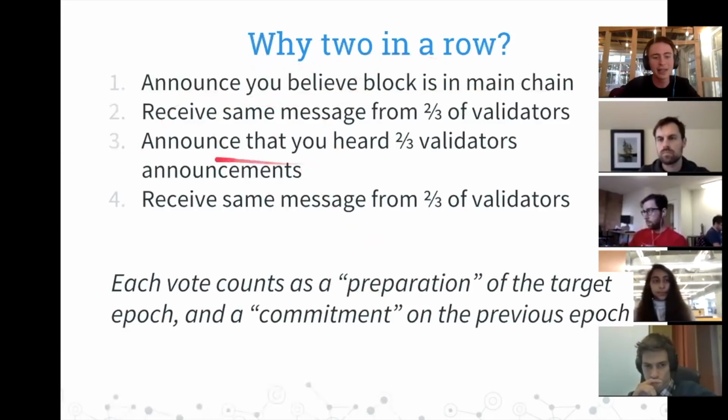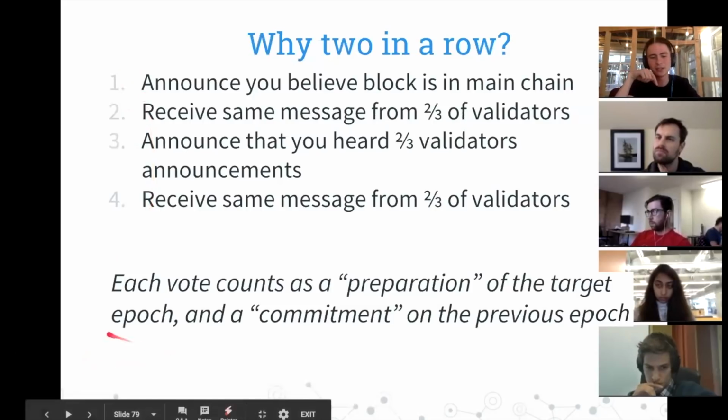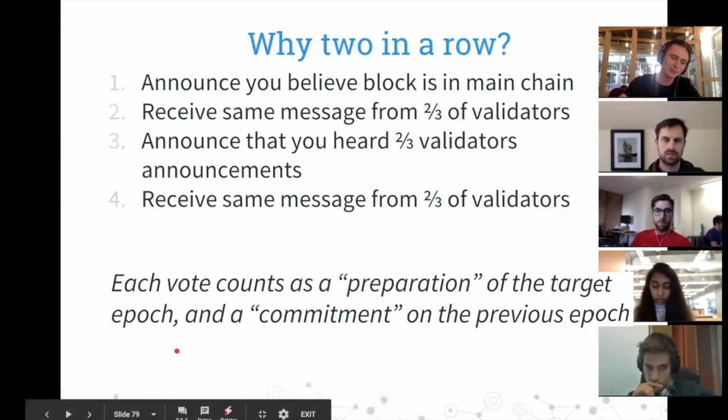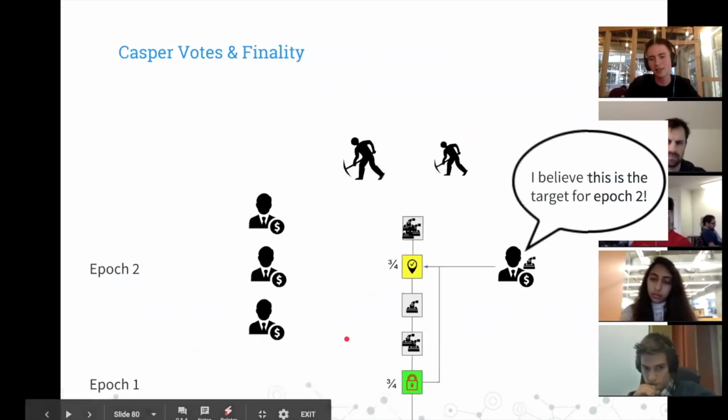And then it's also an announcement that you've heard 2/3 of validators say that they believe the previous block is in the main chain. And when I say the previous epoch, this is only for 2 in a row, right? I'm just assuming that it's 2 in a row. So I'll show what that means, right?